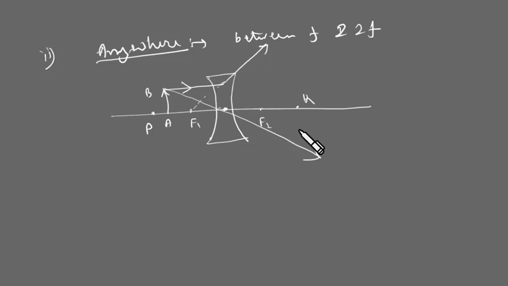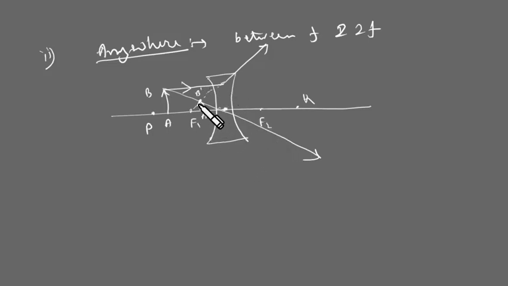No, because they become diverging rays again, so they will never meet. That means in this case also a real image is not possible, only a virtual image is possible, and a virtual image we can get only by extending the refracted rays. We can see that the two rays after the extension meet at this point. That means the image of the object AB will be formed here, A prime, B prime.